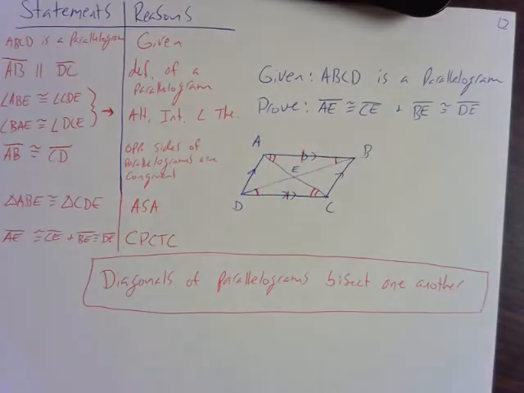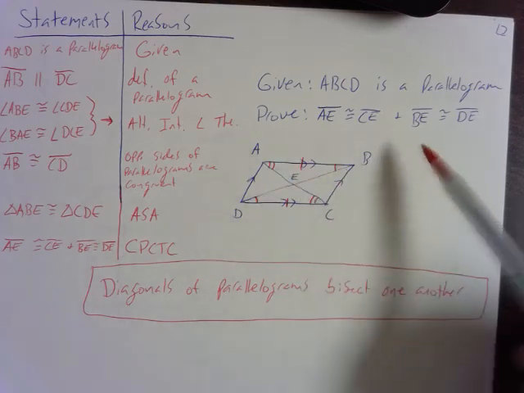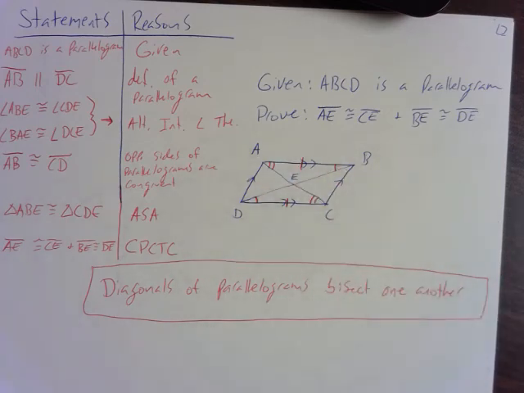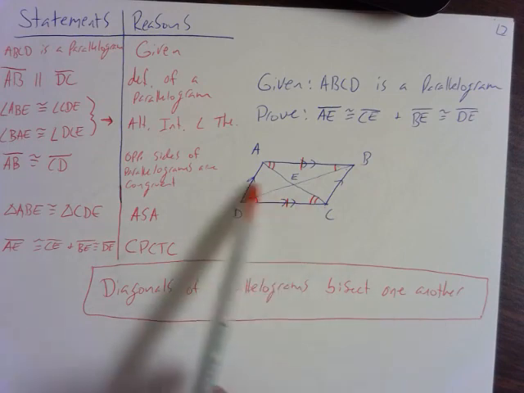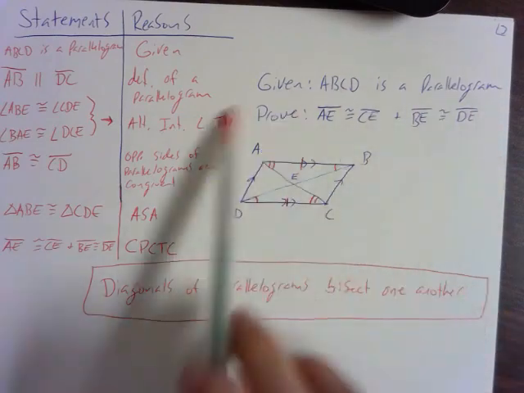And we can use this the opposite way as well: if I have two line segments that bisect each other, not necessarily the same length, then I can create a parallelogram out of them. So diagonals of parallelograms bisect one another, and we prove that by this statement up here.